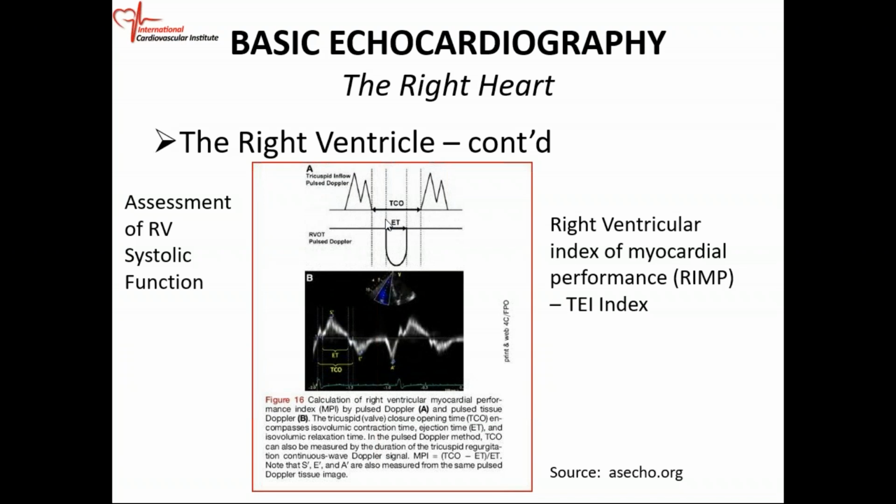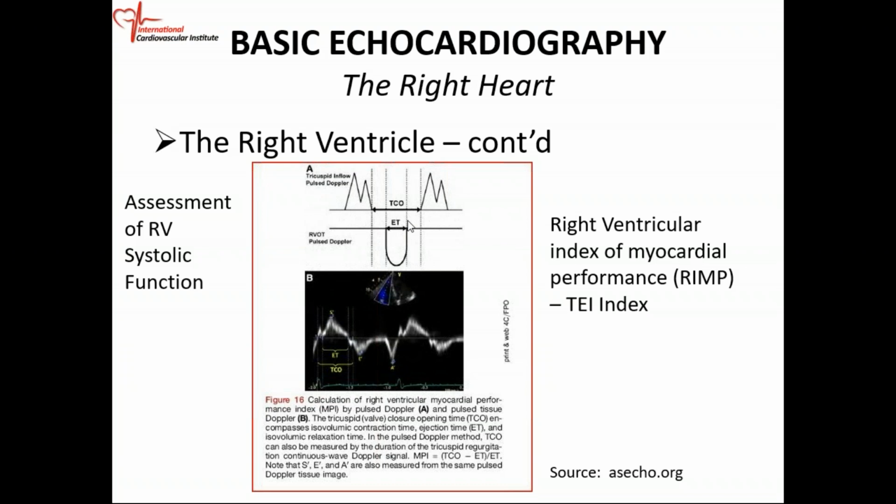The tricuspid valve, we're on the right side, so the tricuspid valve and the pulmonary valve are closed. It's the first portion of systole, but your pulmonary valve is not yet open. Then after your IVCT, isovolumic contraction time, the pulmonary valve opens and you have ejection across the pulmonary valve into the pulmonary trunk.